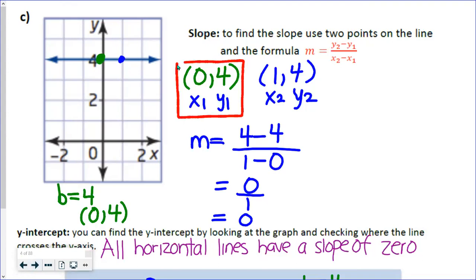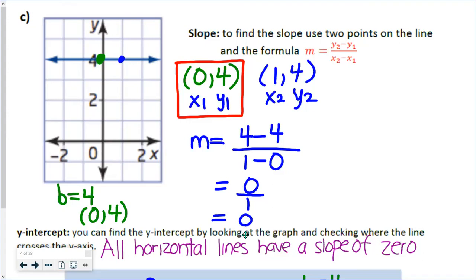But when I'm using my slope, I still have to make special note that my x1, y1 is my leftmost point. That is also my y-intercept. So I have x1, y1, x2, y2. I'm plugging this into my slope formula. So y2 minus y1, 4 minus 4, over 1 minus 0.